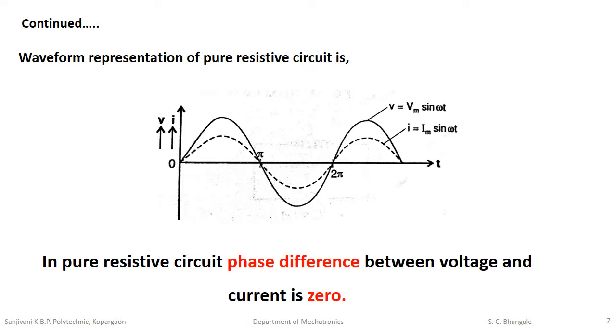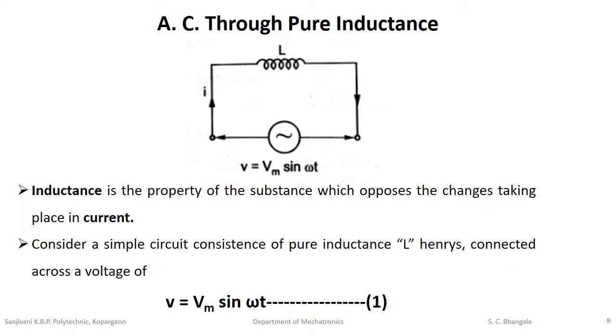Why is the phase difference between voltage and current zero? Because if you see these waveforms carefully, the voltage and current both start from zero. So the phase difference between these two parameters is zero.